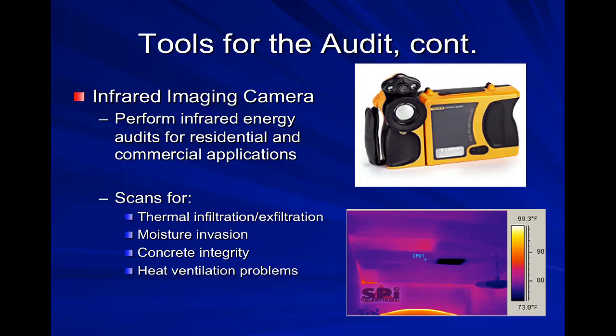So with one file, you see not only what the area looks like, because as you can see here on the right-hand side, it's hard to tell what we're looking at. Right above where it says SPI, I can see there's a square opening. Must be some sort of vent. And it looks like to the right of it is some sort of hanging pendant lamp. Hard to say though. But if I had a photograph that was right next to it, that would give me an indication of exactly what I was looking at.